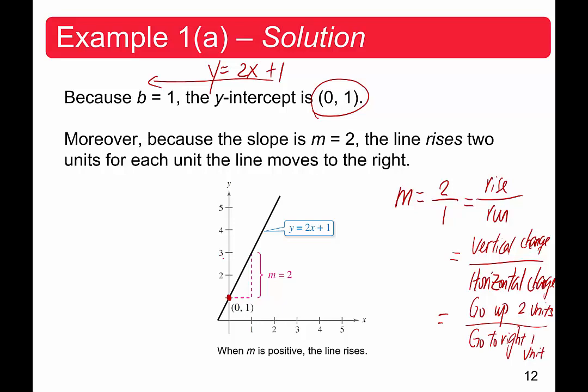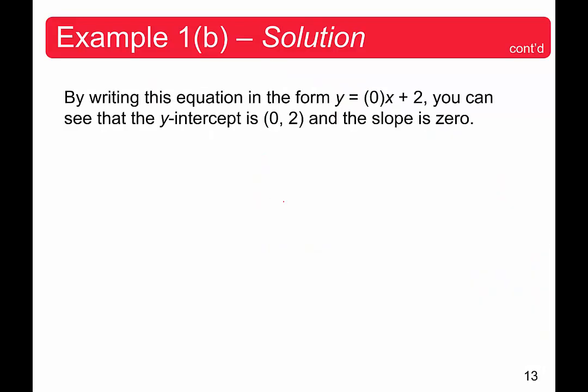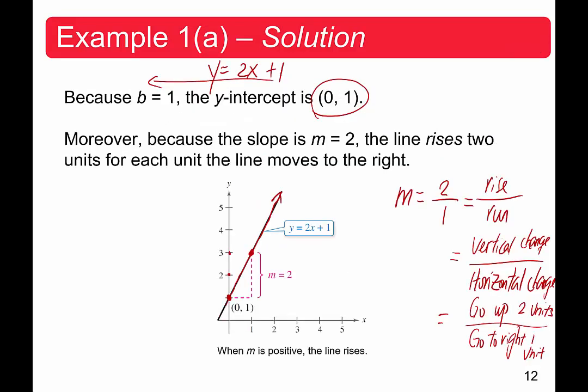So from there we go up 2 units and then go to the right 1 unit. Now we end up with another point on the graph, and then you just connect those 2 points, extending in both directions. That's how we get the line.